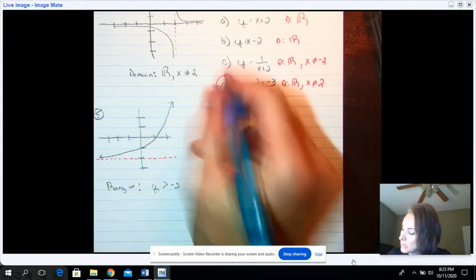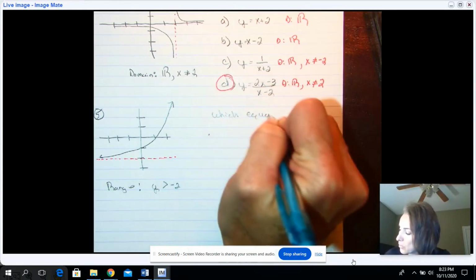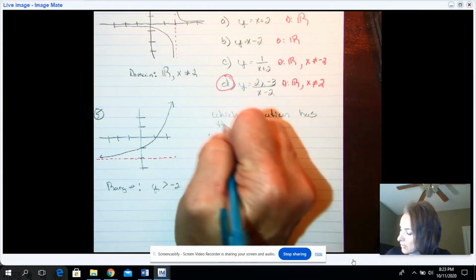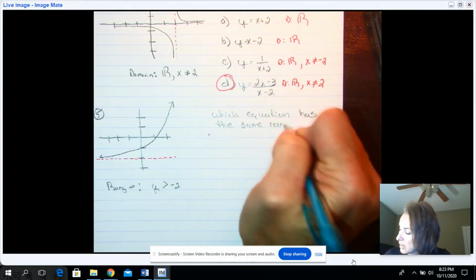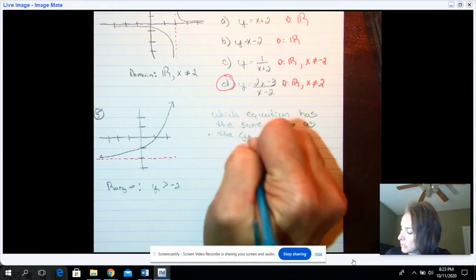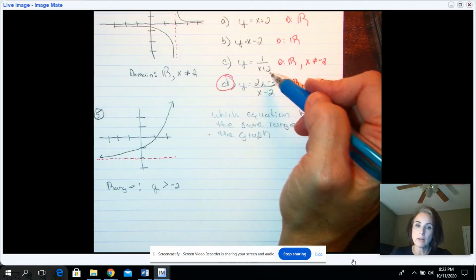All right, so in this one, we want to see which equation has the same range as the graph. Again, you can put each of these either in Desmos or your graphing calculator, whichever one.